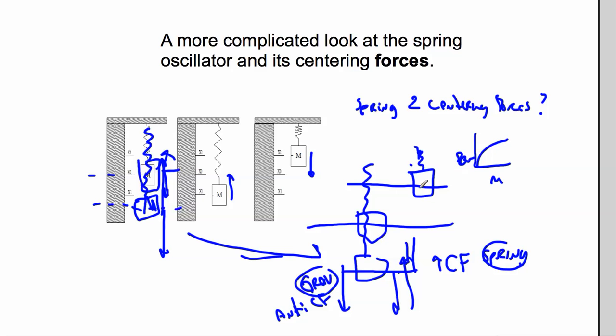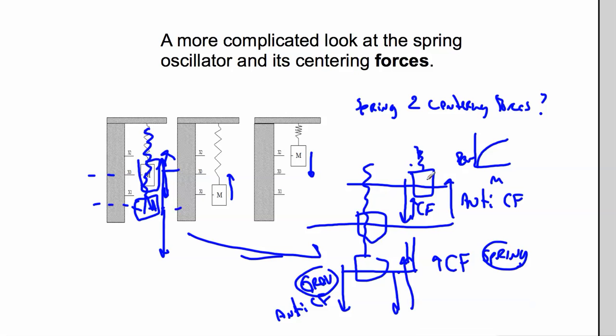And therefore, now gravity is sort of the centering force, really. And if we have more mass here, then we should have greater centering force. So we ought to get back here quicker. But the spring now is sort of like the anti-centering force. The spring is pulling it upward away from the center.